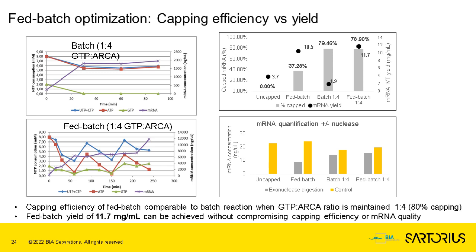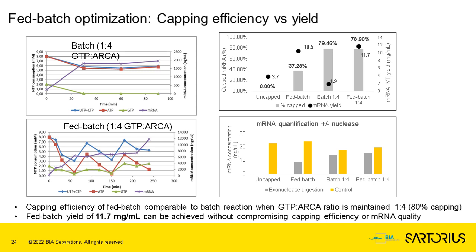So this is perhaps a busy slide. What it tries to say is that if we combine the elements discussed up to now, so performing IVT reaction either in batch or in fed batch, and considering also capping efficiency, we can now combine the measurement of productivity as well as capping efficiency.